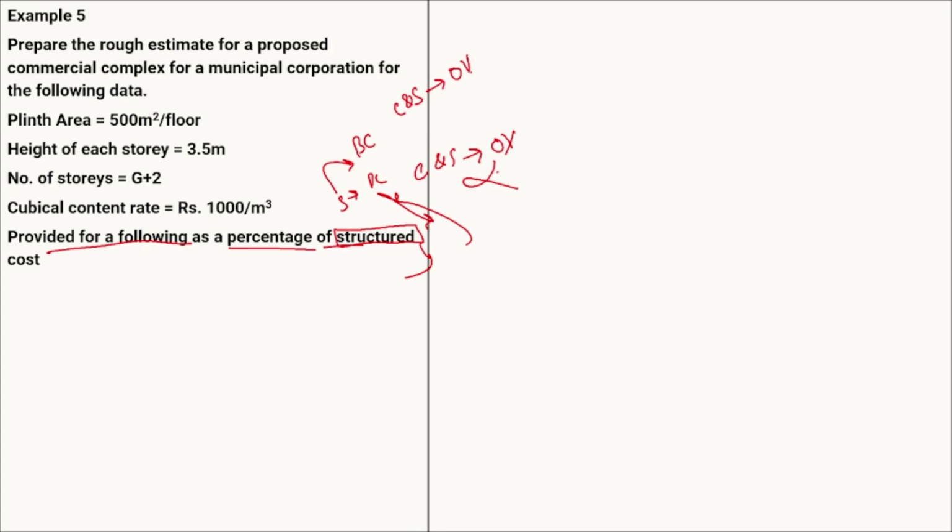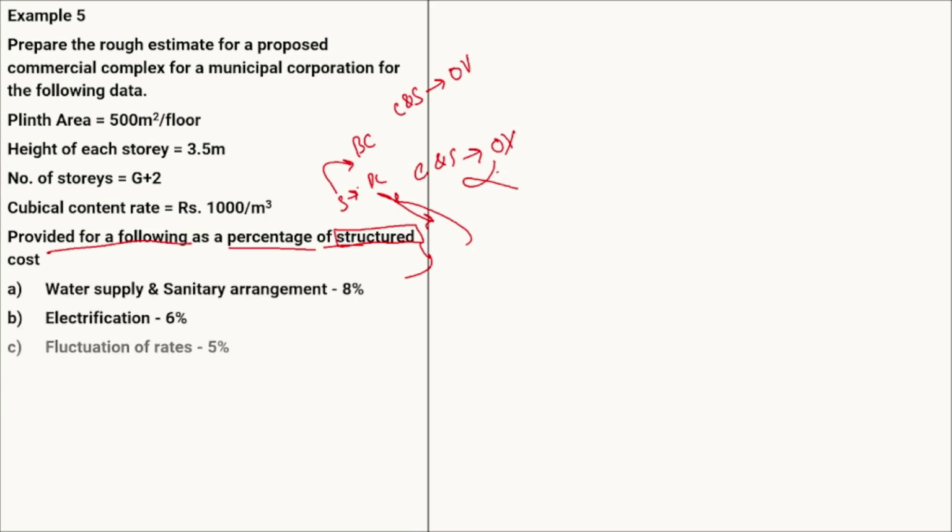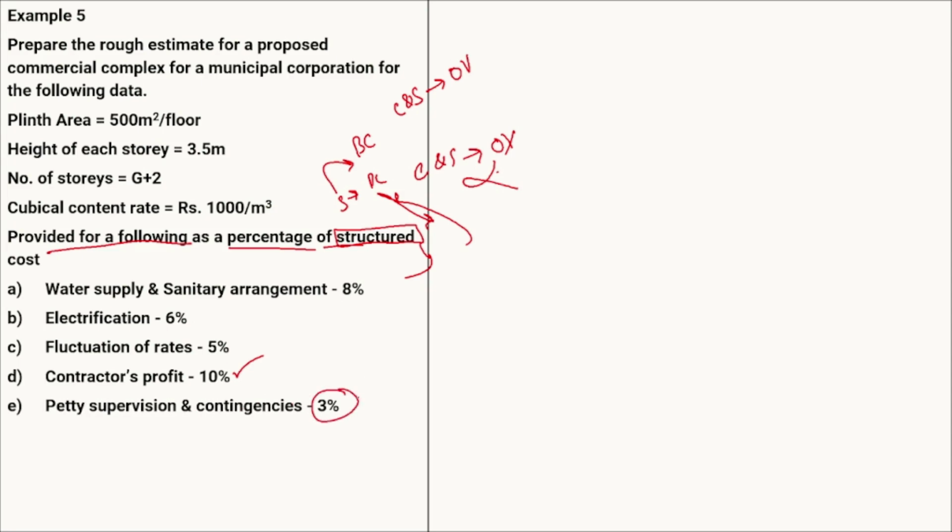But if the numerical directly gives an assumption, we follow that. Here the contractor's profit is also given, as well as petty supervision and contingencies at 3%. So this 3% will also be taken on the structural cost.